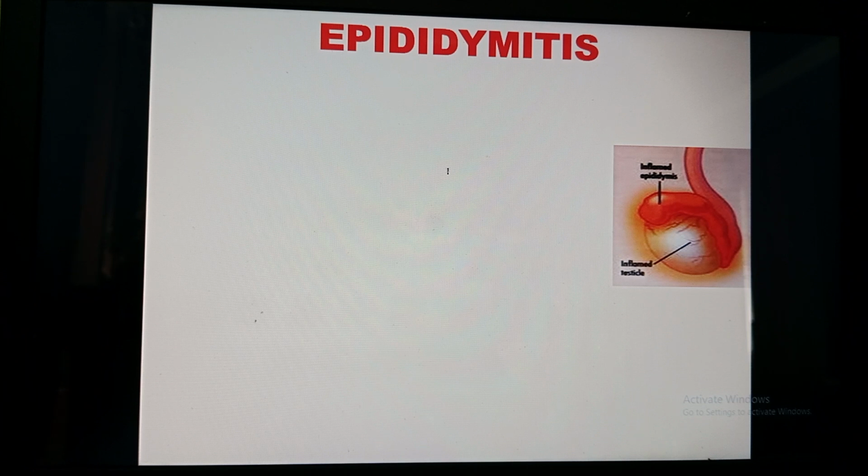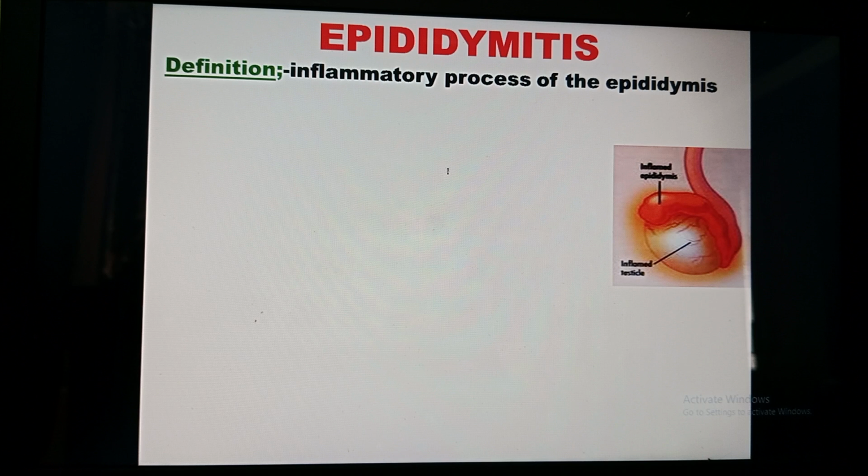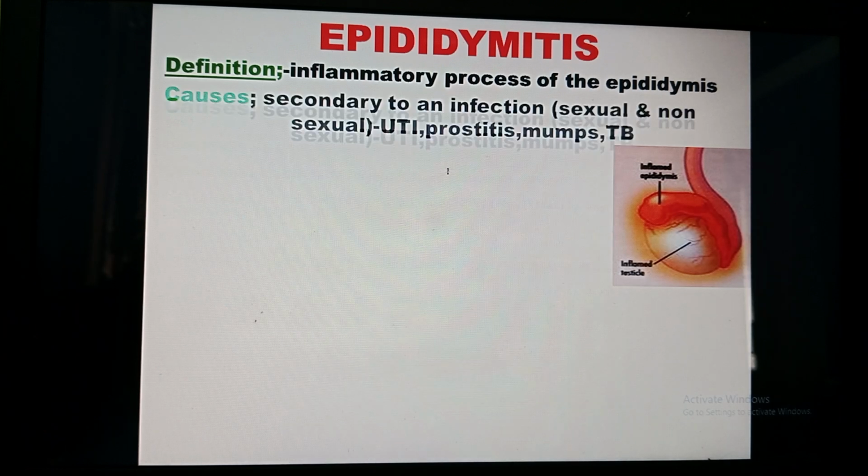Itis means inflammation. So epididymitis is an inflammatory process of the epididymis. As I said, the epididymis, two in number, left and right, is situated just behind the testes. What are the causes? Epididymitis is always secondary to an infection.